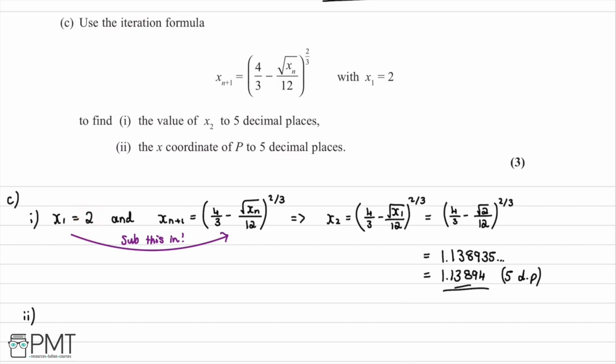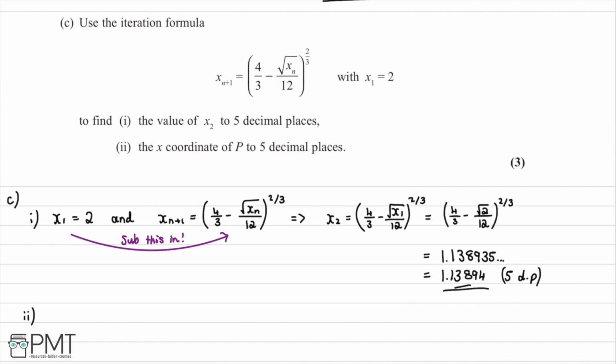So you'll have a button on your calculator, ANS, and you're going to click ANS when the cursor is in the xn position. So then what you can do is just keep pressing equals, and it'll keep updating with this new answer, and then it'll get to the point where it converges, and that number which it converges at will be the x-coordinate of P.